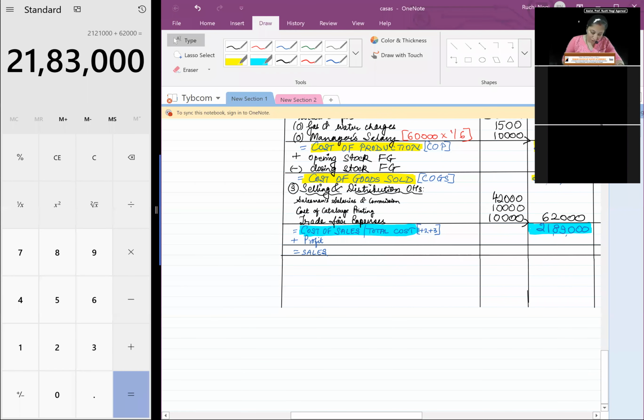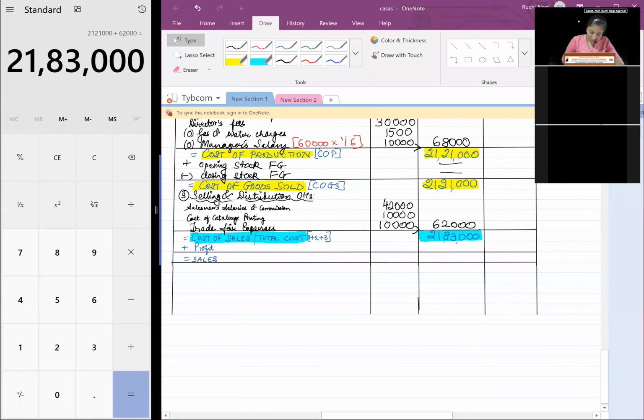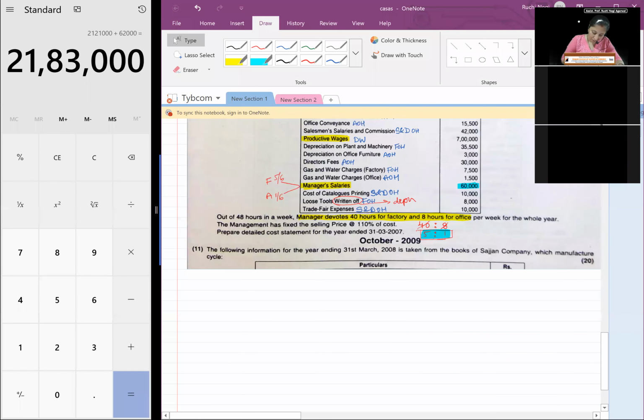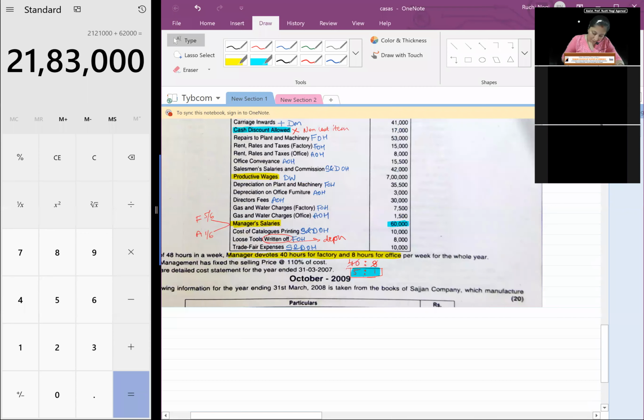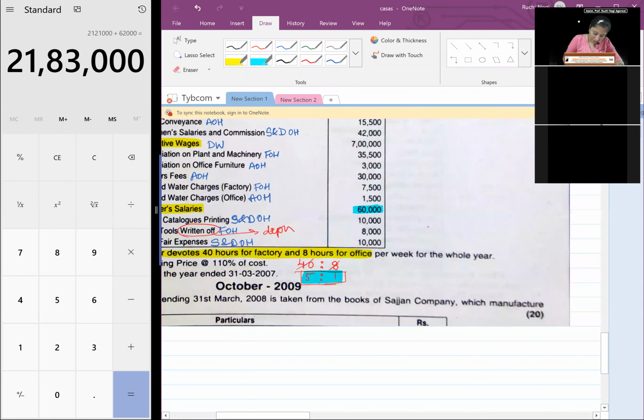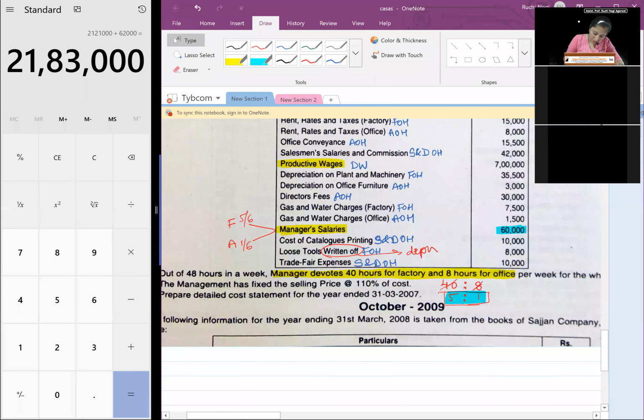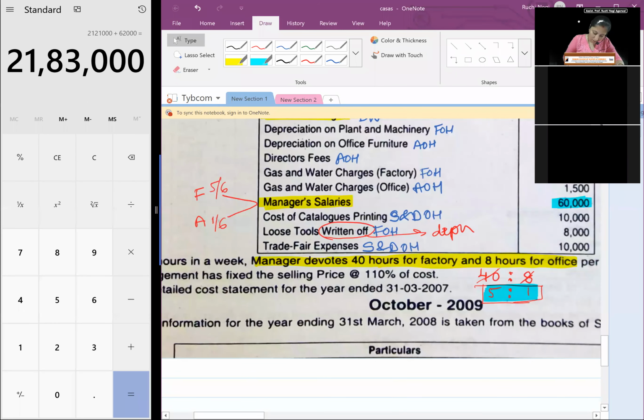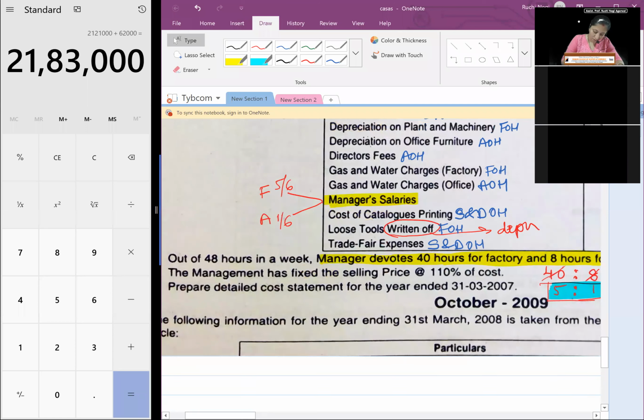Next, add profit to it and you will get your sales. So how much is the profit? Look at this part.